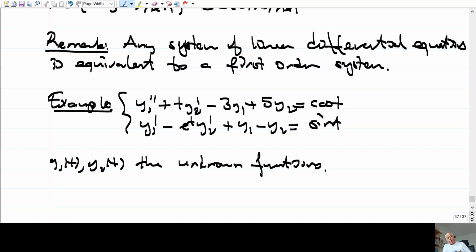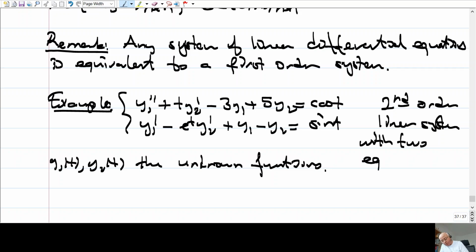This is a second order linear system with two equations.